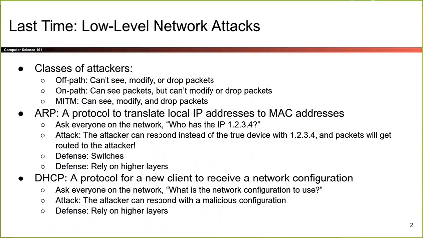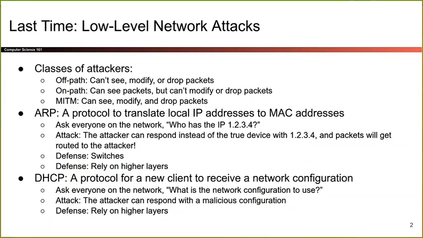And then we started to talk about different protocols. So there was one called ARP. So that's one where you translate your IP addresses to MAC addresses. I think this should say translate local IP addresses. Basically, if you're in a local area network and you know somebody's IP address, but you don't know their MAC address, the way you would perform that translation is you just ask everybody, does anyone know who has this IP address?